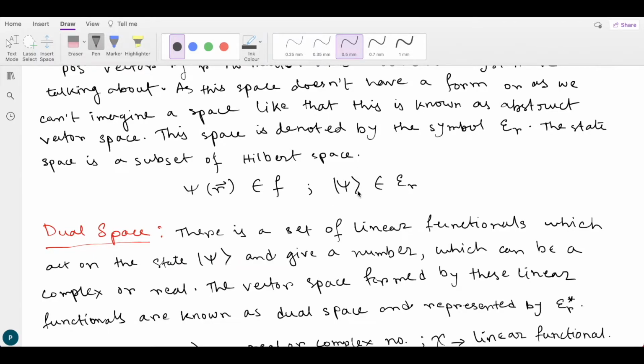This representation is known as ket representation, and this is an abstract representation. We don't know anything about its coordinates or anything. We just know that this notation represents the state of the system, and these are vector quantities, and this belongs to the state space epsilon r.